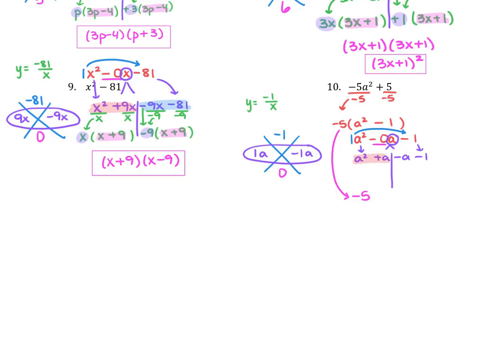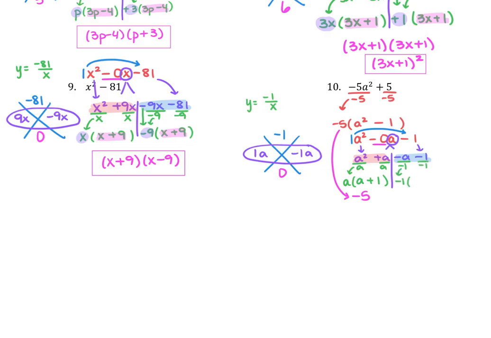Looking at my first binomial, I see that they have an a in common. So I'm going to divide both by a. Remember, that comes out in front of my parentheses. If I pull an a out of a squared, I'm left a. And an a divided by a gives me 1. Look at my back binomial. I'm going to see that they don't have anything obviously in common, so that means it must be a 1. And since that first term is negative, I'm going to do it by a negative 1.